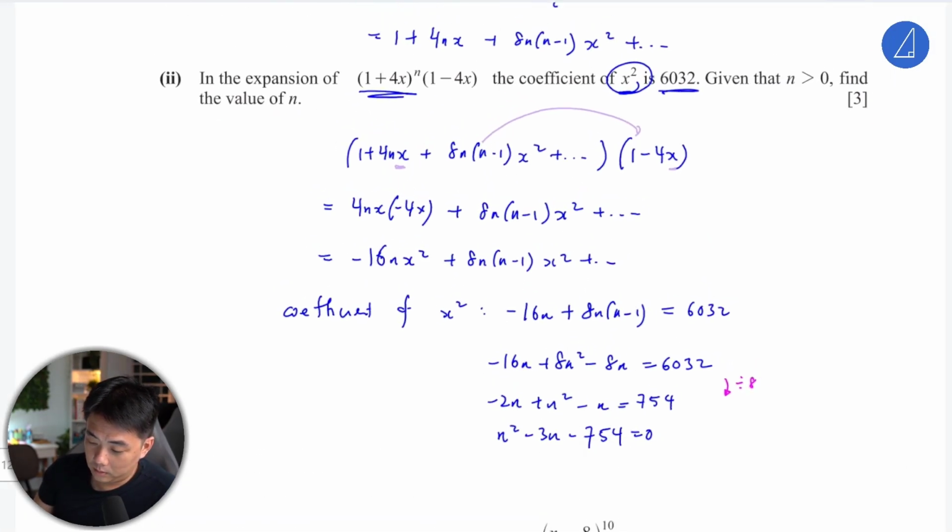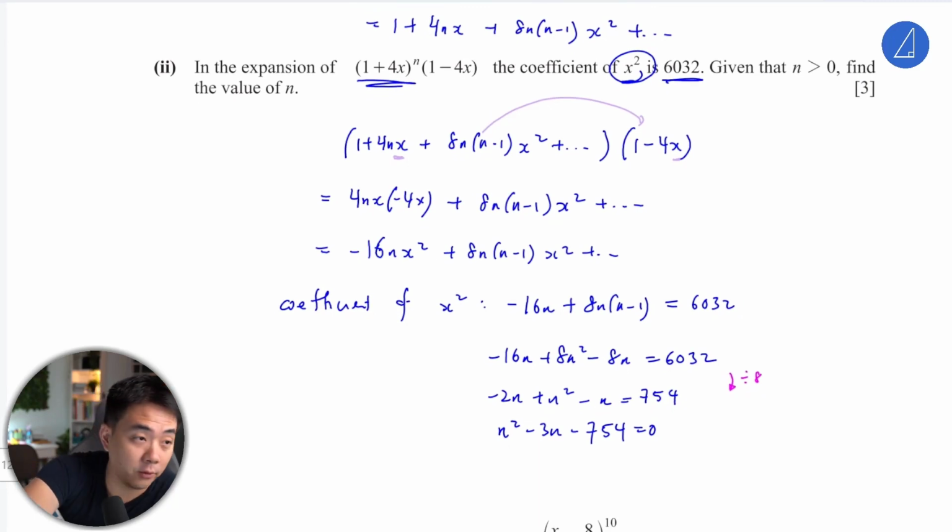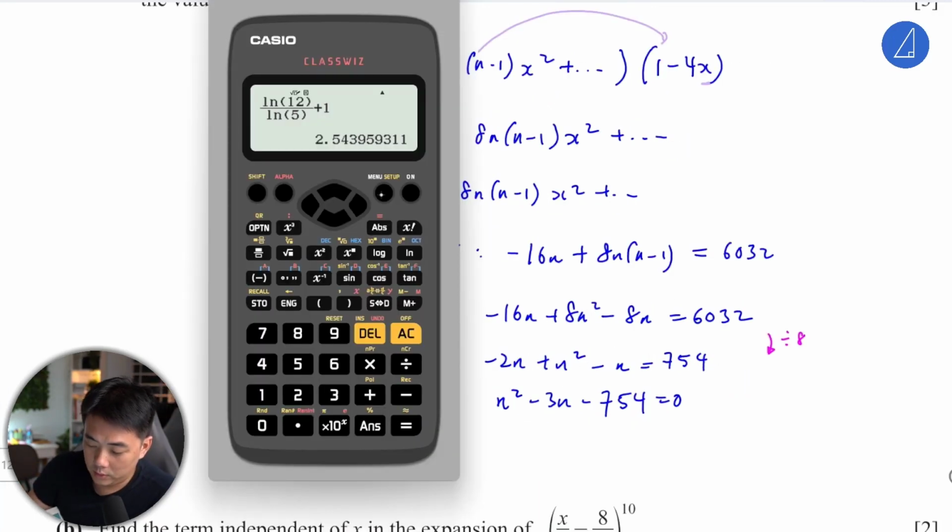So we could use our calculator and check for the roots here. So go to mode, equation, and then polynomial, and I'm just going to degree of 2 and just find 1, negative 3, negative 754. We get 29 and minus 26.